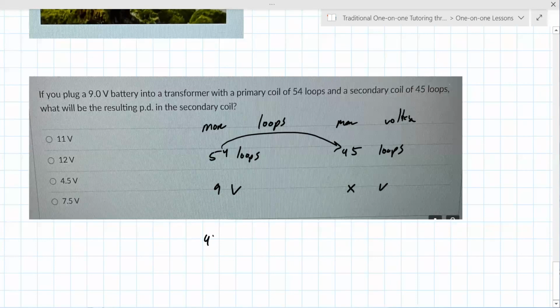Since you're going smaller, it's easier to do 45 divided by 54, and then you end up multiplying that by 9, because that's the multiplier on 9. And that will equal 7.5 volts. And I know we did one like this, so I'm going to assume that's okay.